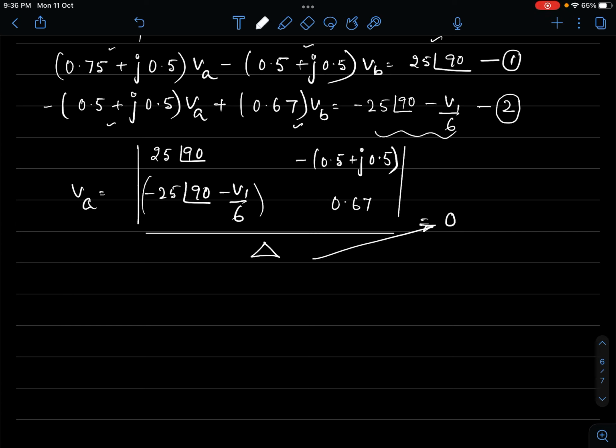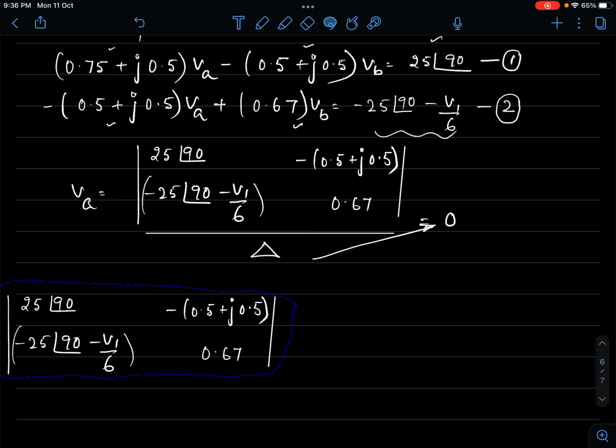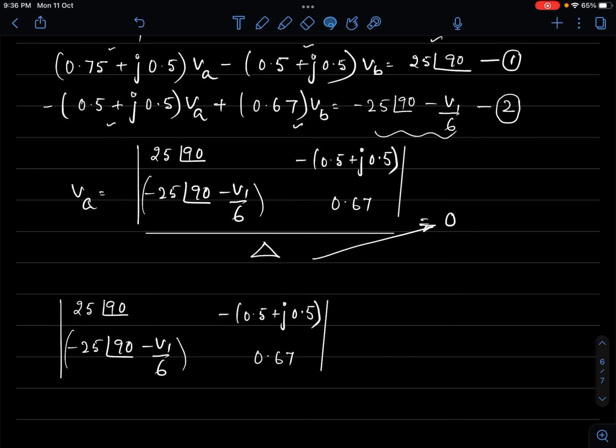Why should I spend time writing the determinant if I can copy this? Copy, put it here. This determinant is equal to 0.